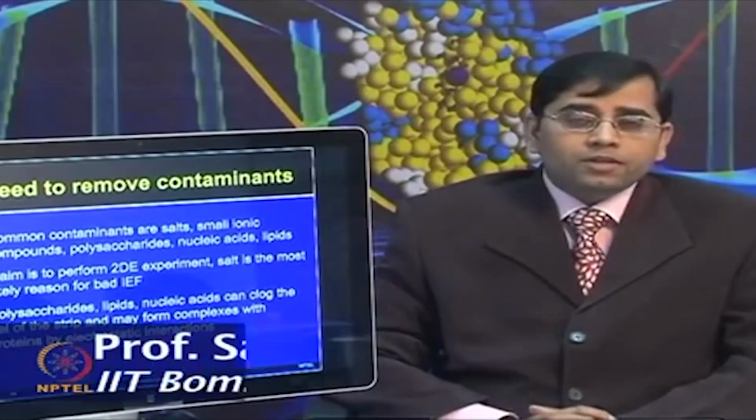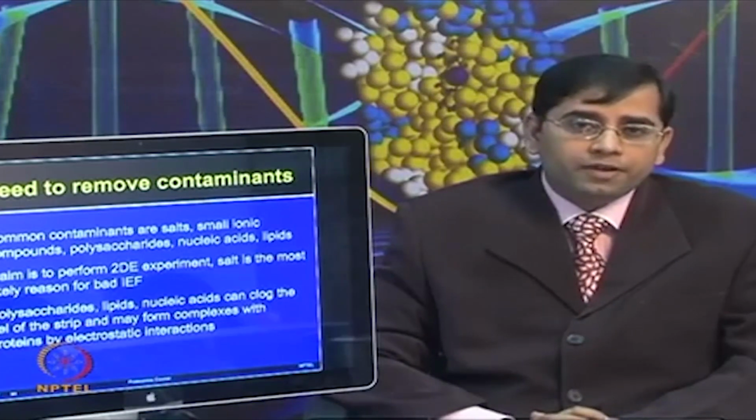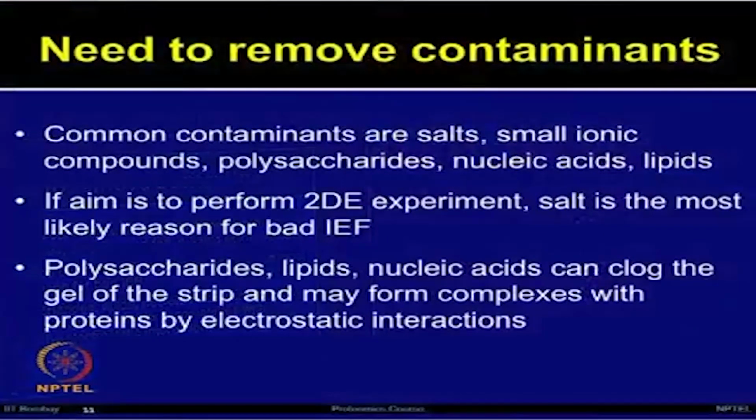So, we need to remove the contaminants, and these contaminants include salt, small ionic components, polysaccharides, nucleic acids, lipids, and many other small interfering components. If your aim is to perform a two-dimensional electrophoresis experiment, please ensure that you have removed salt very efficiently. Otherwise, it is going to interfere in the isoelectric focusing step.